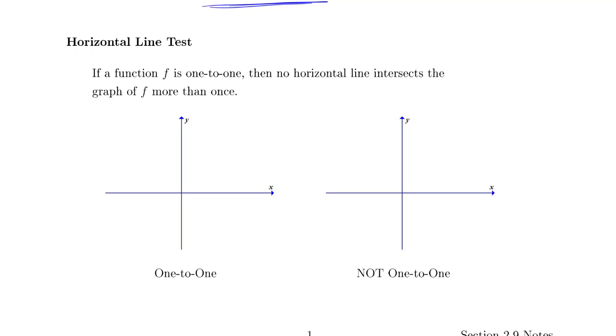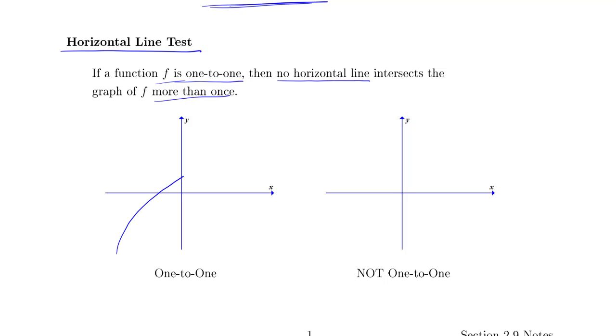Now we're going to look at the horizontal line test. If we already have a function, we can use the horizontal line test to decide if we have a one-to-one function. If a function f is one-to-one, then no horizontal line intersects the graph of f more than once.